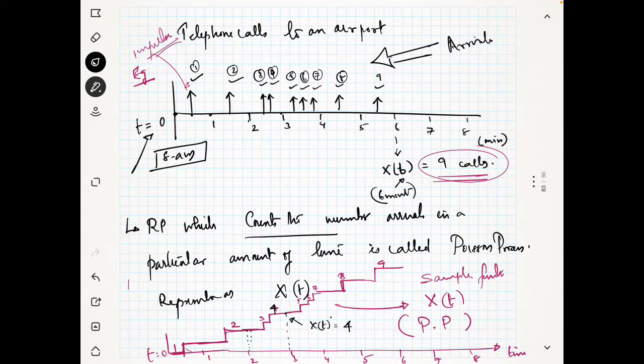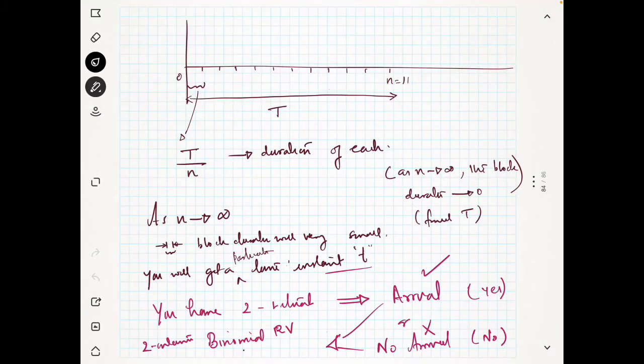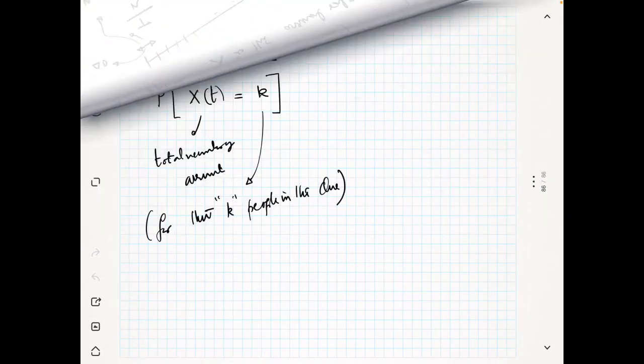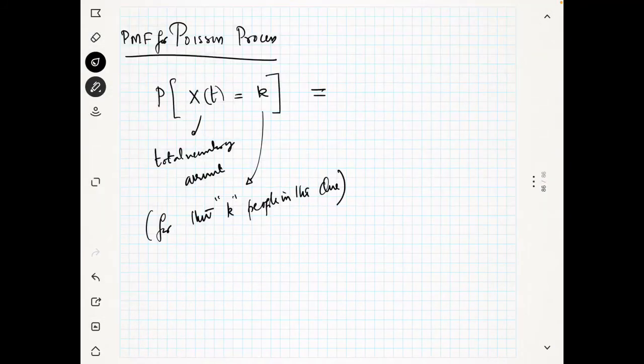And what is the probability that x of t takes the value 4? That's what we are going to write. It can be written by using the probability mass function, which is defined as lambda t, whole raised to k, into e power minus lambda t, divided by k factorial.